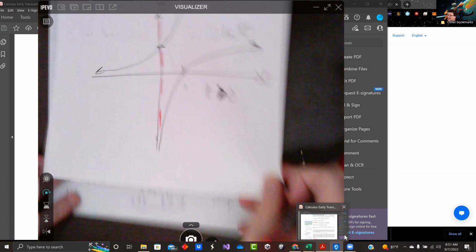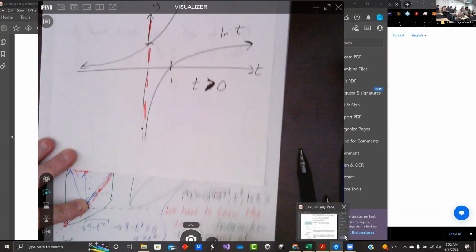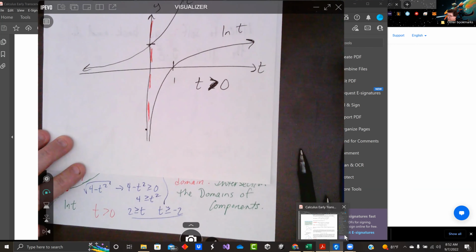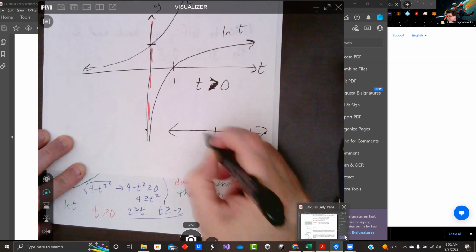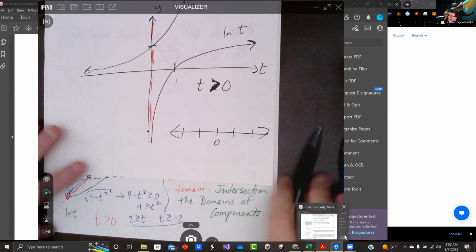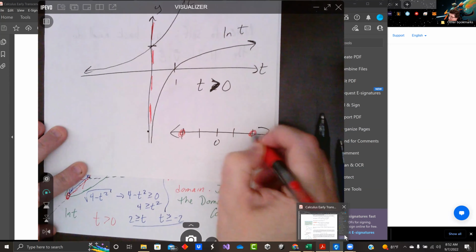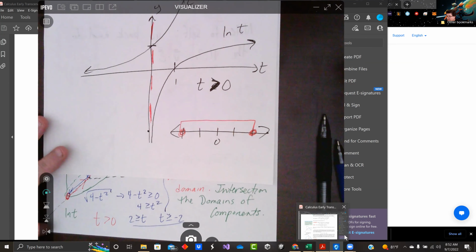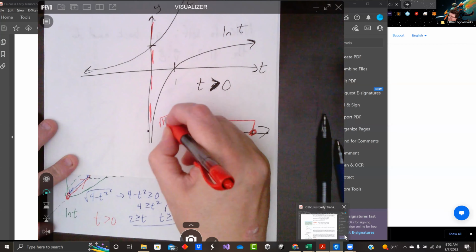So let's match that up with what we got here. T is greater than 0. And this might be easier to look at on a number line real quick. Our first one from the radicand was this range right here. And so this was our radical, square root of 4 minus t squared.